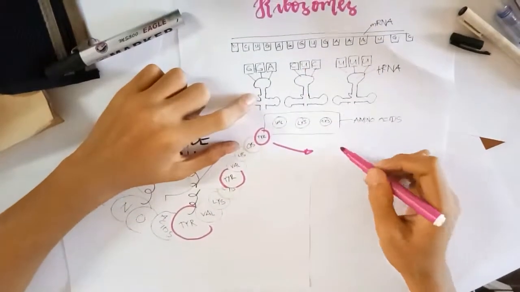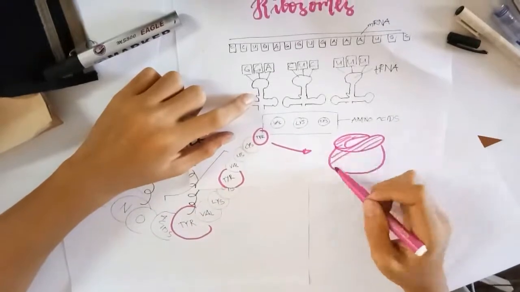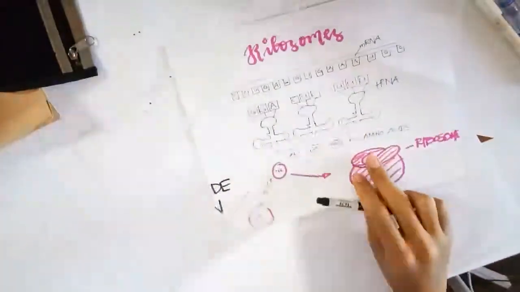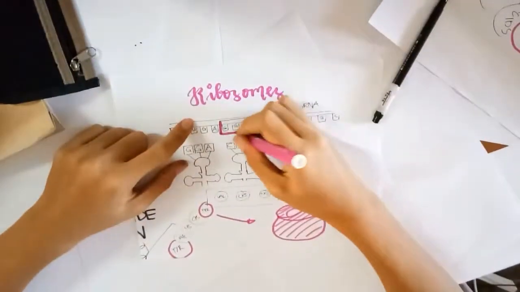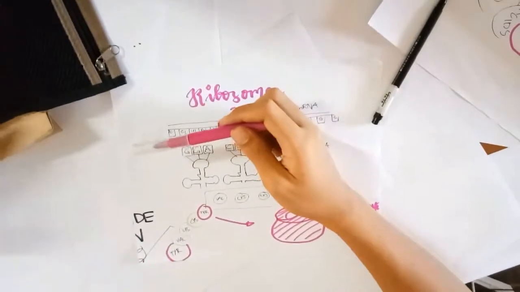As the ribosome can only cover 2 codons at a time, it must now shuffle down to cover a new codon. This releases the first tRNA, which is now free to collect amino acid. The steps will repeat again.